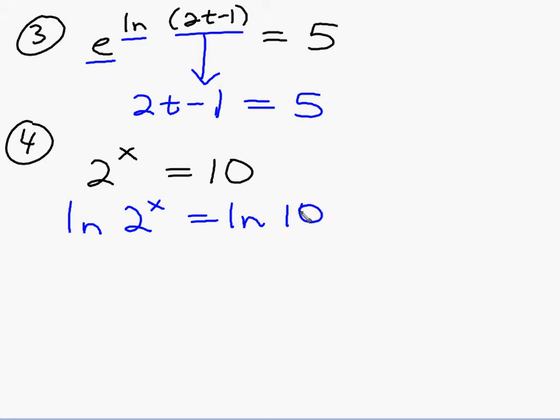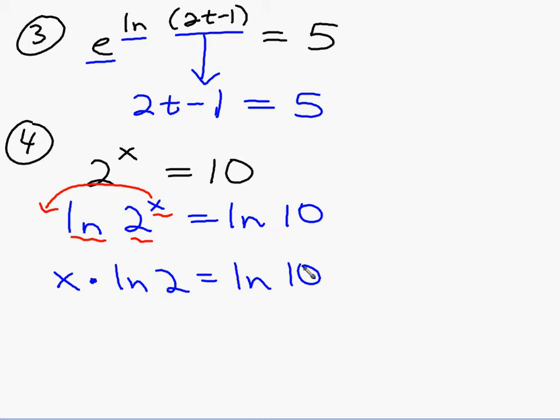Why would I do that? Because there's another property that says that the natural log of a number to a power, I can bring this power out in front. And so now I have x times the natural log of 2 equals the natural log of 10.